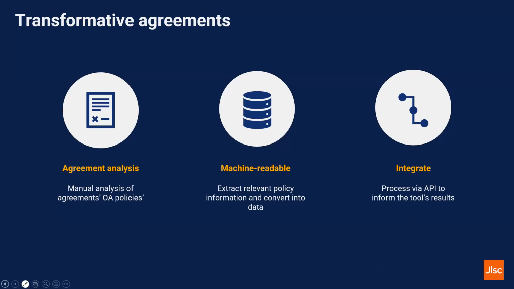So we've been taking those documents, manually analyzing those, extracting the relevant policy information and converting it into data, which will be machine readable and we can share via our API, and then integrating that into our tools. At present, we've got a basic transitional agreement lookup tool, but we are intending, with some redevelopment work of our Sherpa services, to integrate this data directly into journal policy records.